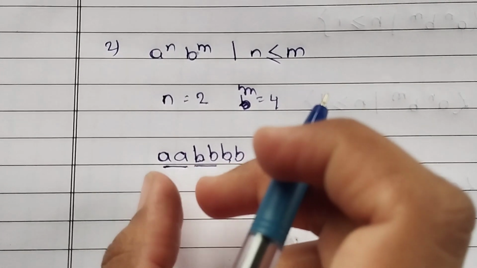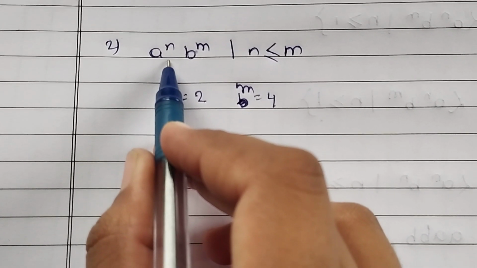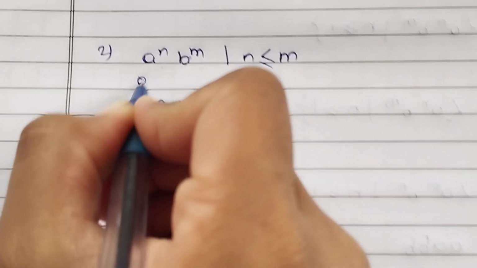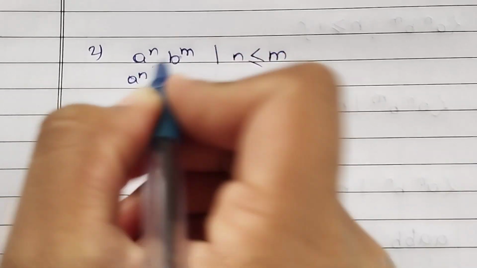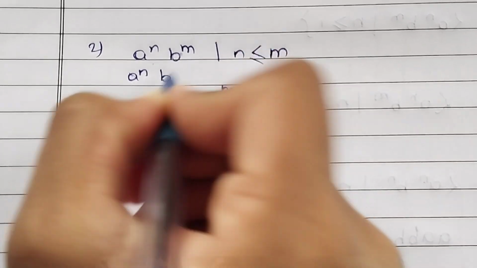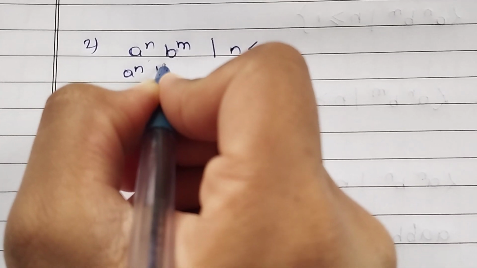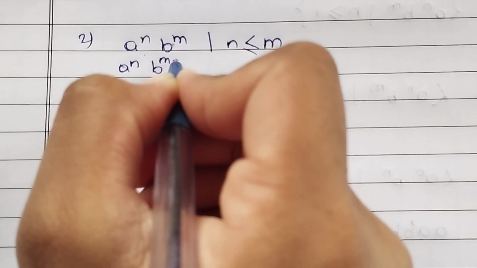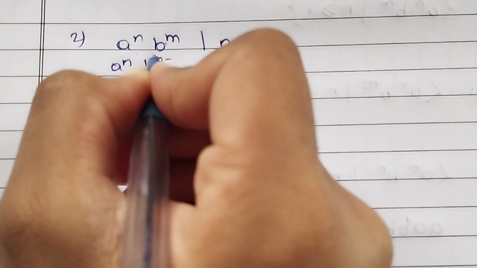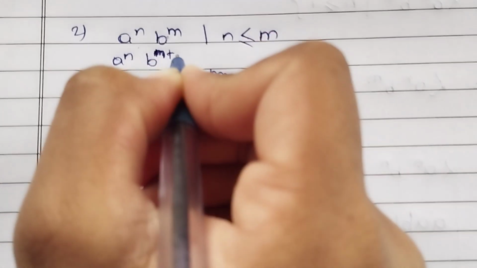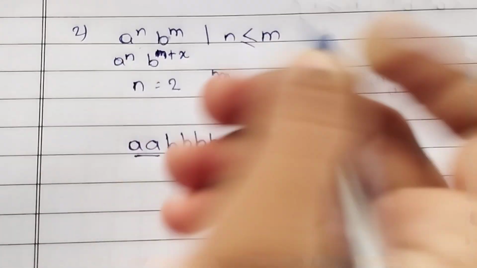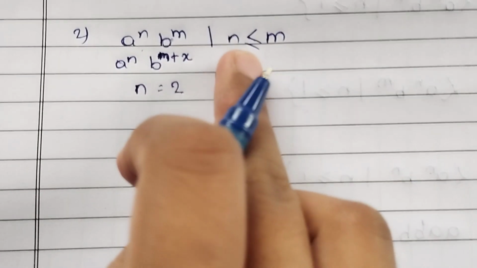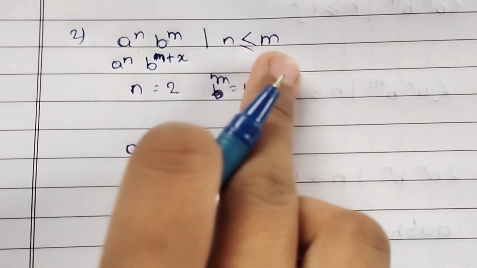So for a raised to n, b raised to n pop, let's say a raised to n, and here b raised to m means nothing but n plus something x, let's suppose. So the combination of this m is formed because n is always smaller than or equal to m.